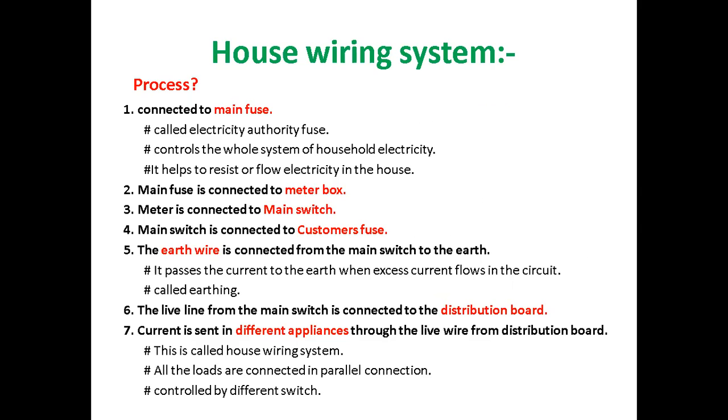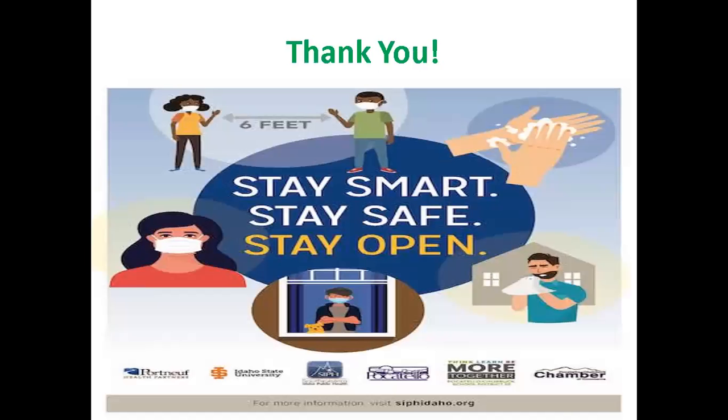I have already told you, from the main fuse, meter box, this is the same thing. And in this way, house wiring is done. We don't go deep about the house wiring system, we should not go very deep. We just go with the simple system.